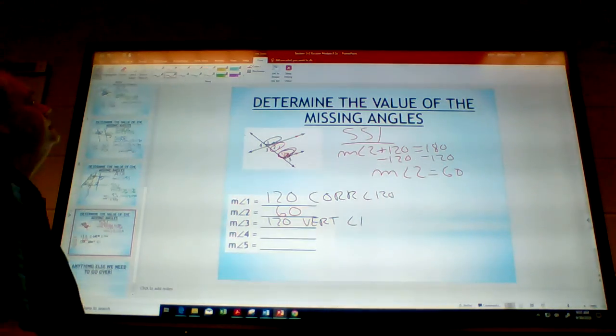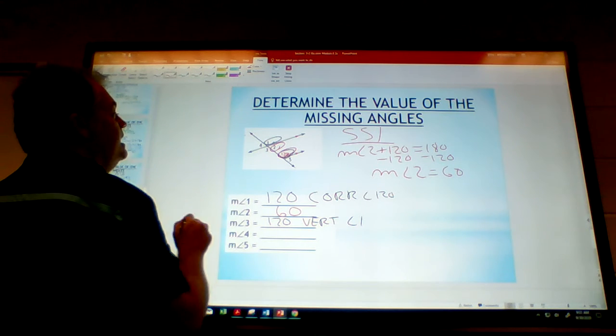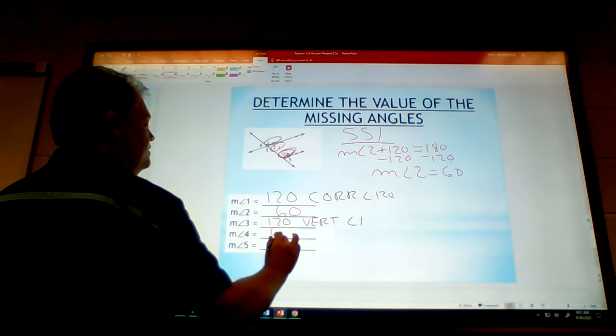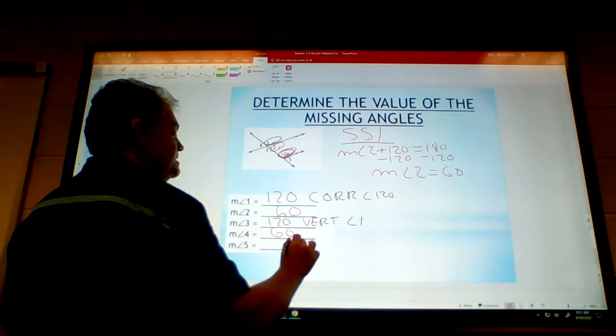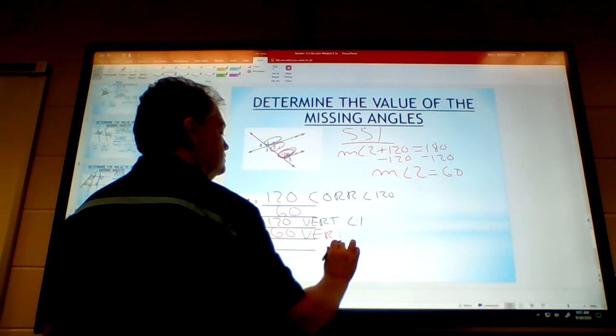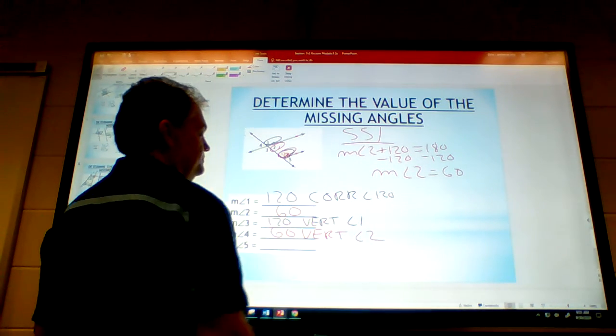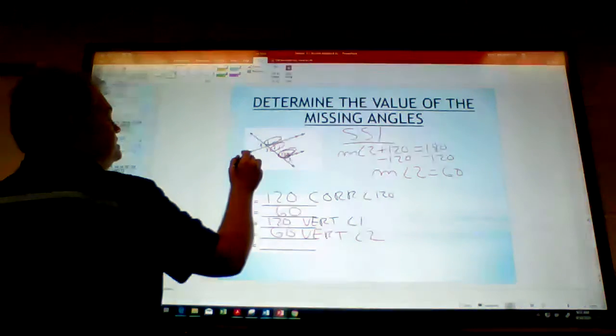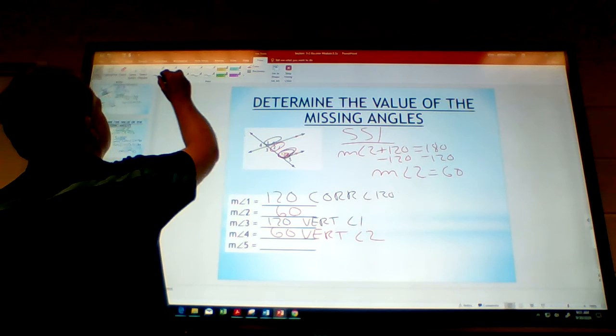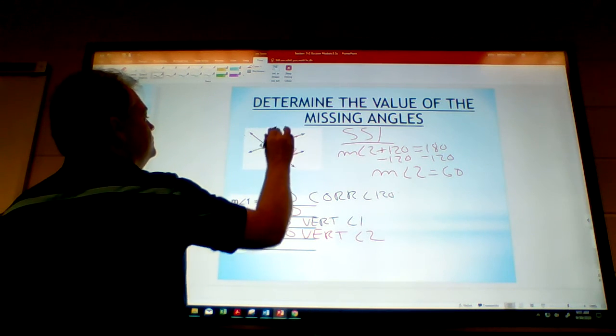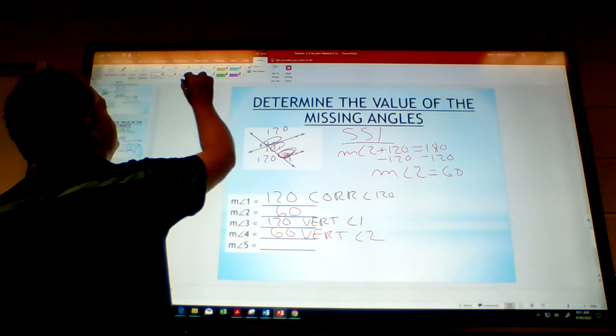Now if you look, angle 4 and angle 2 are vertical. So angle 4 is going to have a measure of 60 because it's vertical to angle 2. So now I have every angle up here with the exception of angle 5.